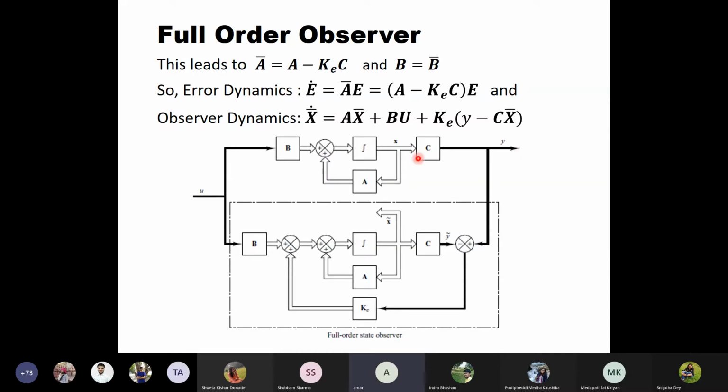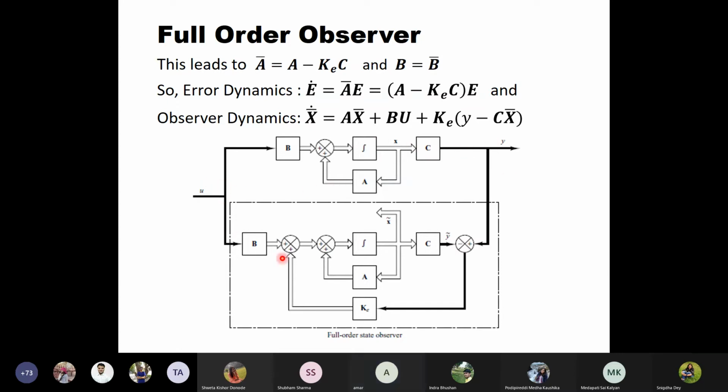Now the block diagram for this: this is the process, which is x dot equal to Ax plus Bu and y equal to Cx. Ax plus Bu, I take integration, so I get x. Then y is equal to Cx, so I get y.